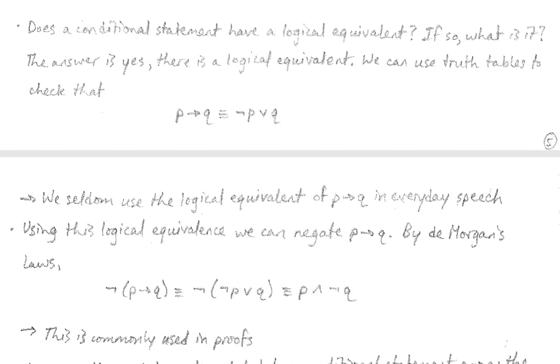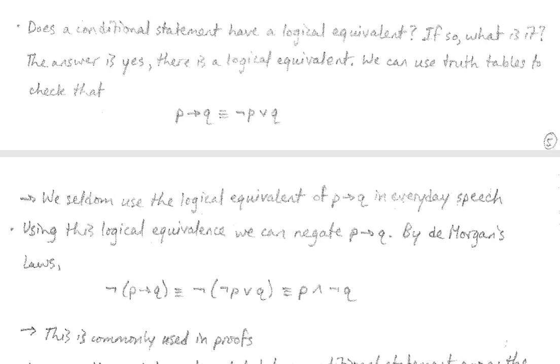And later on in this course, we'll see that this is somewhat commonly used when proving mathematical facts or mathematical theorems. If you're given a conditional statement and you have to prove it, sometimes you begin by assuming the negation of what you want to prove and show that it leads to some problem.